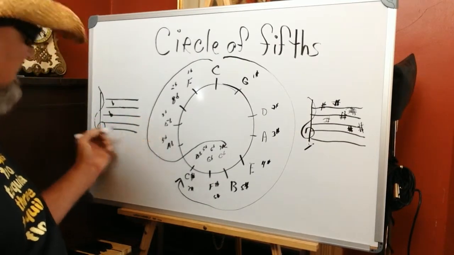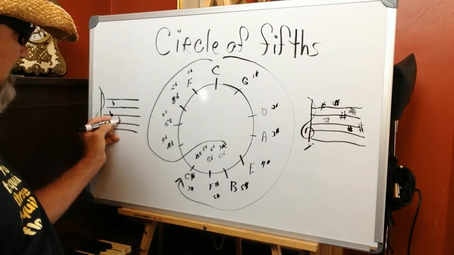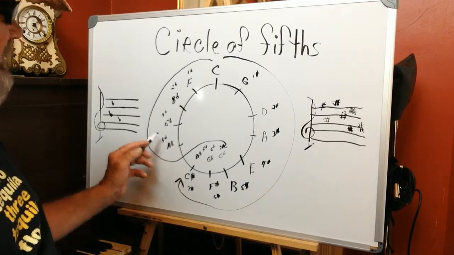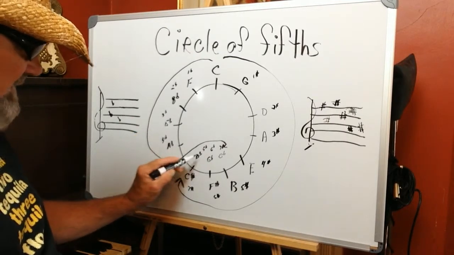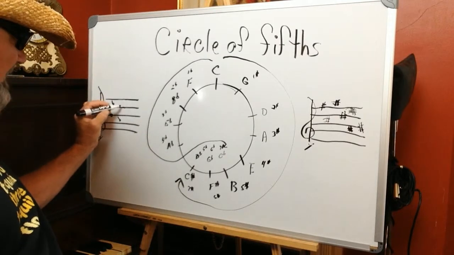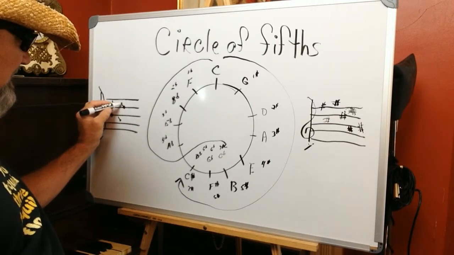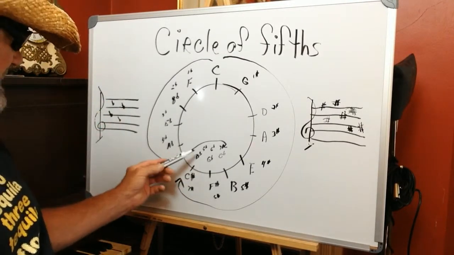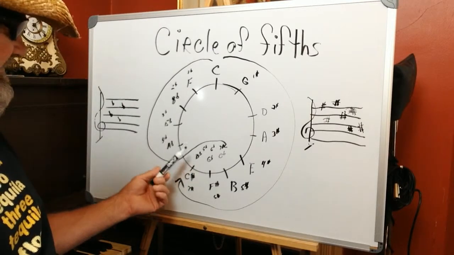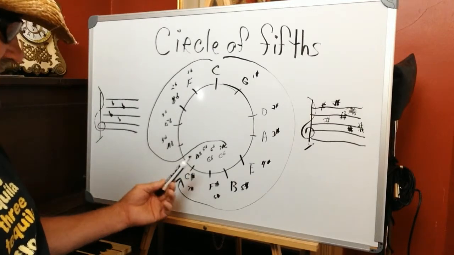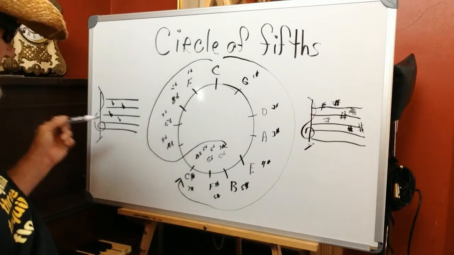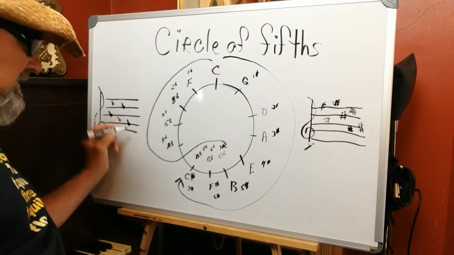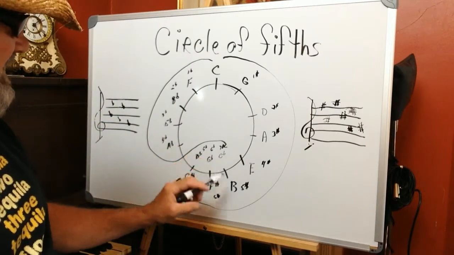So we want to go down to the end. We see it's the A flat. Okay, now the key of A flat has 4 flats. So we look down and we have a D flat. Put the D flat here. Okay, now D flat has 5 flats, so we know that we go down to a G flat. So we have a G flat here, and then we have the C flat.